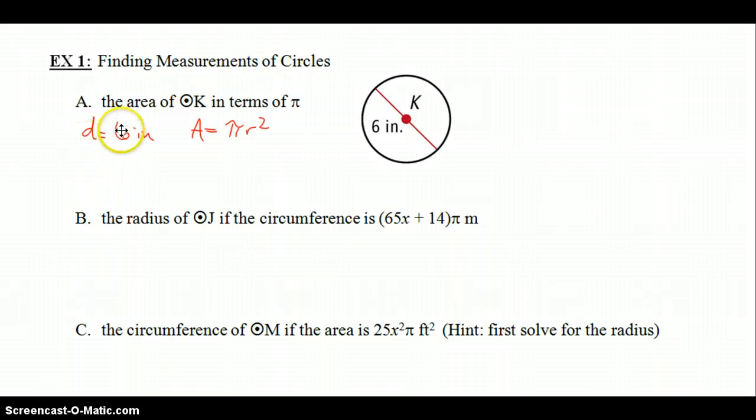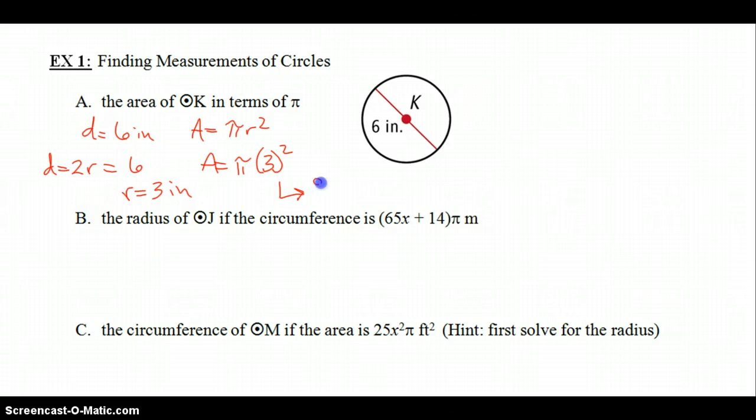If we're given the diameter, we can find the radius by remembering that diameter equals 2 times the radius. So 2 times the radius is 6, which means the radius is 3 inches. That's what we plug into our formula. So the area of this circle is pi times 3 squared. We only have to take 3 and square it to simplify this. So our area is 9 pi square inches.